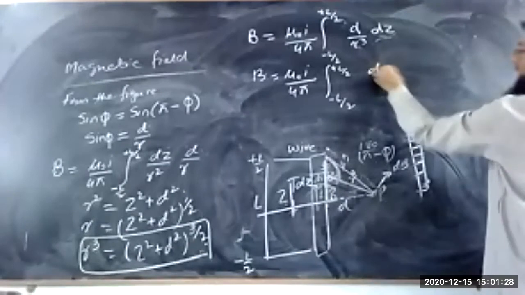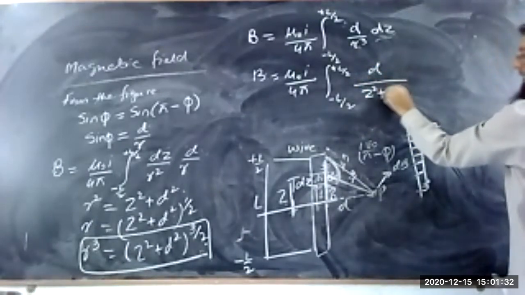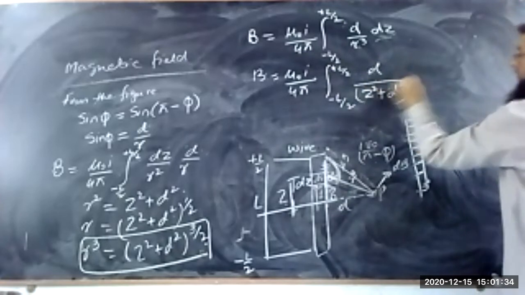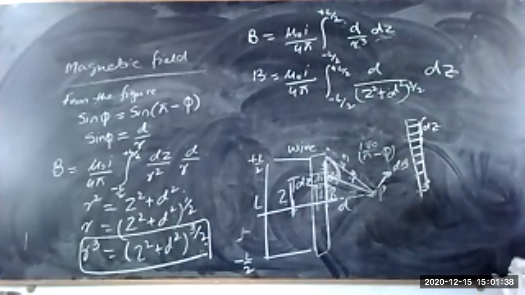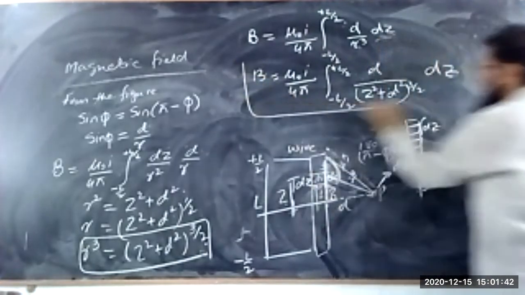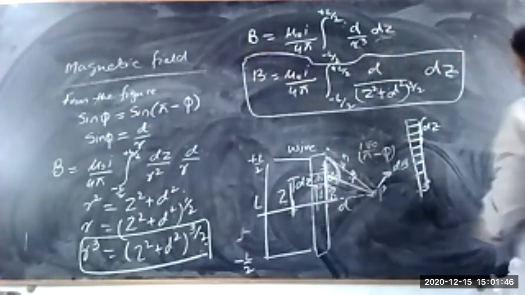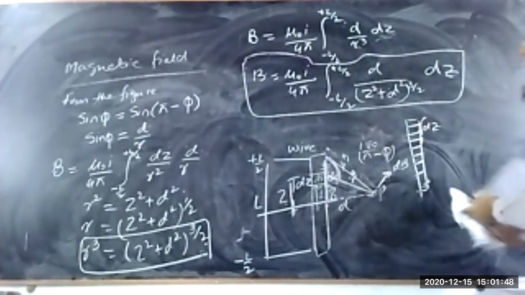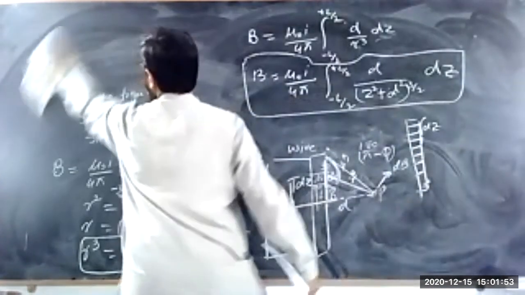So this is d upon (z square plus d square) power 3 by 2 into dz. Now we have to integrate it.